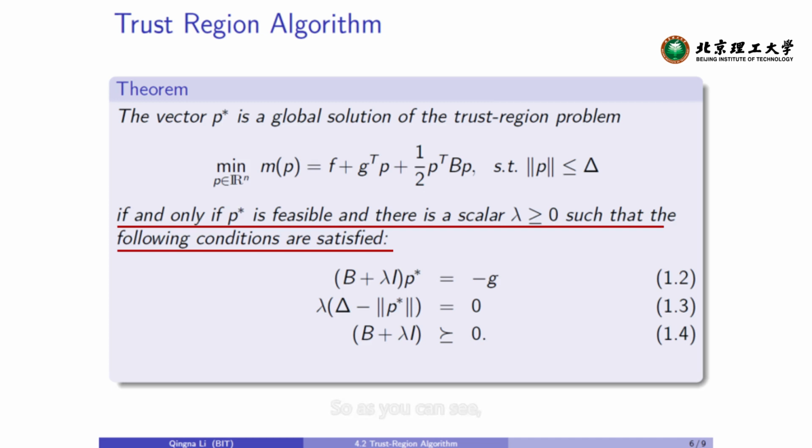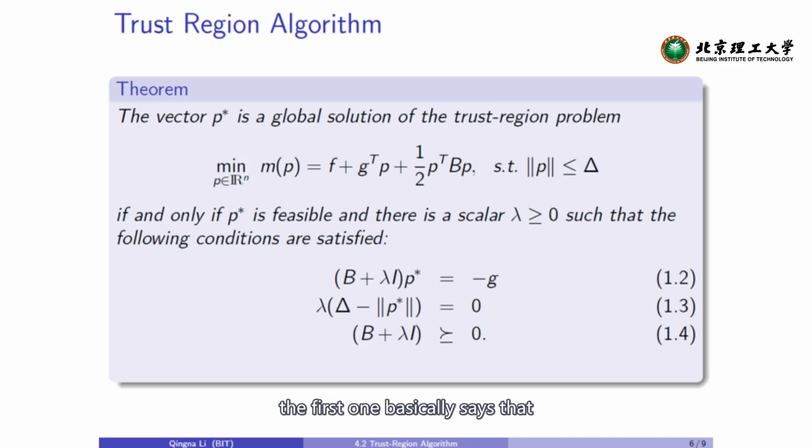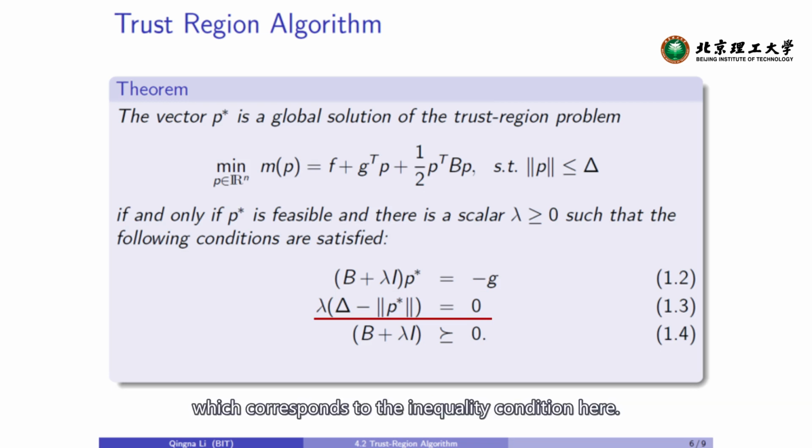As you can see, the first one basically says that p star is a solution of a linear system. And the second one, we call it a complementarity condition, which corresponds to the inequality condition here. Okay, you have the norm of p smaller than or equal to delta.